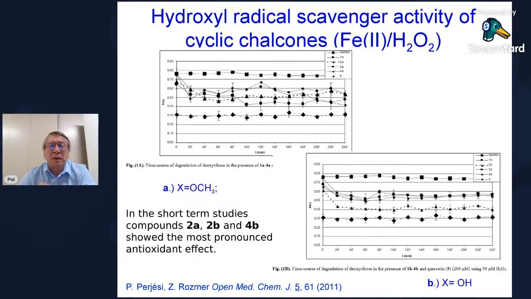According to our experimental results, using the Fenton reaction and following the reactivity of the compounds as a function of time, we found that the most effective antioxidants were the 5-membered ring methoxy substituted compounds, 2A, the 5-membered ring hydroxyl substituted compounds, the 2B, and the 7-membered ring hydroxyl substituted derivatives.